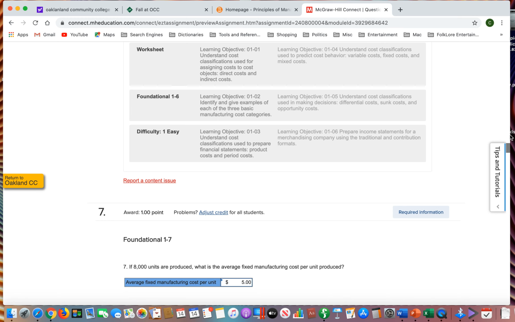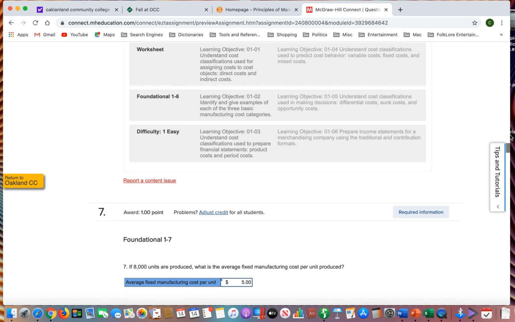But we're not talking 10,000 units. And don't forget, remember we said about fixed cost? As the number of units go down, the fixed cost per unit goes up. Don't forget, fixed cost total stays the same, but the fixed cost per unit goes in the opposite direction with the level of production.